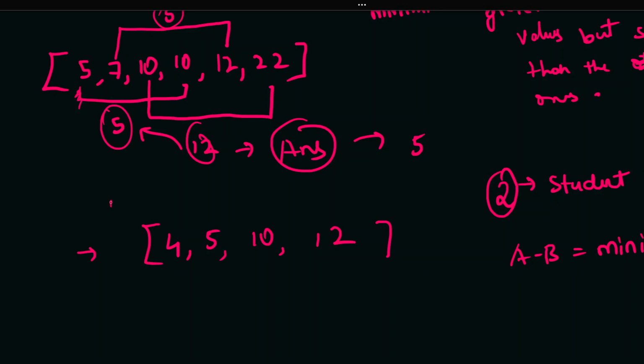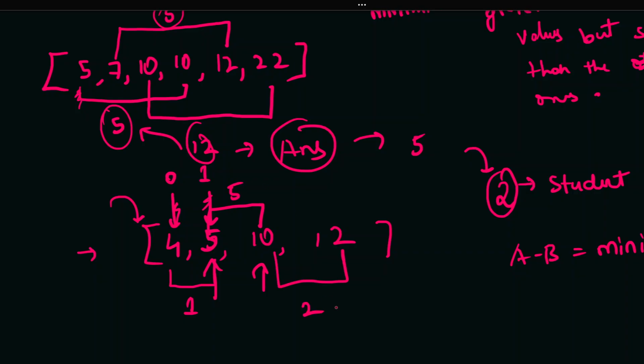I would sort this, which is already sorted, and then I'll have a pointer at 0 and a pointer at 1 because I only need to give to 2 students. Correct? Now this will be 5 minus 4, 1. If you move ahead, it will go here and here. 10 minus 5, 5. And if you move again, it will be 2. So the minimum of all of this is 1 again.